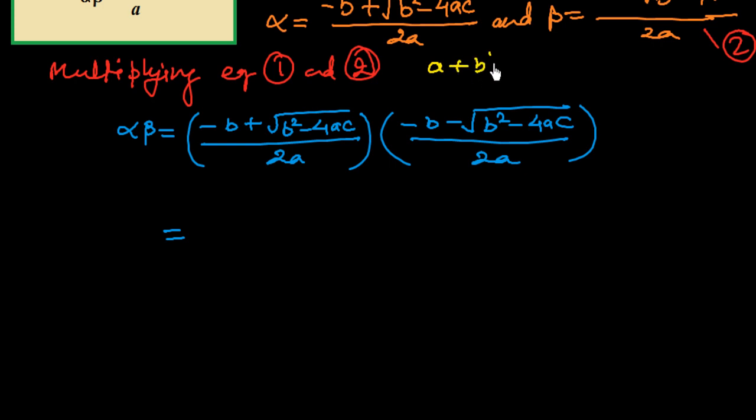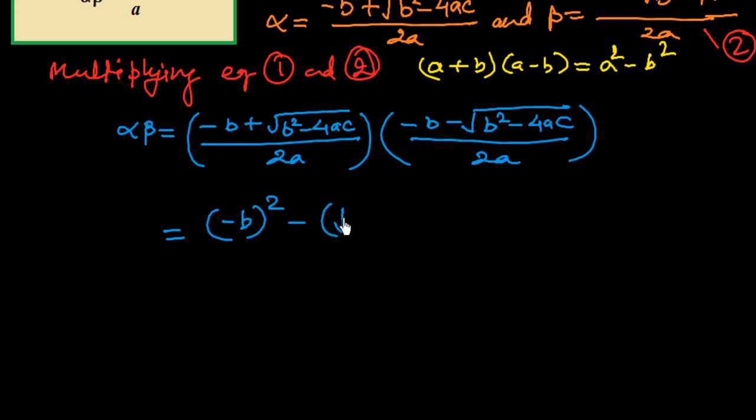a plus b into a minus b, this identity, is a square minus b square. So here a plus b into a minus b is a square minus b square. So minus b square, just a moment, minus b square minus square root of b square minus 4ac square, a square minus b square.